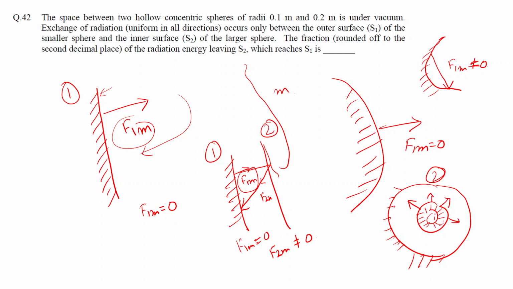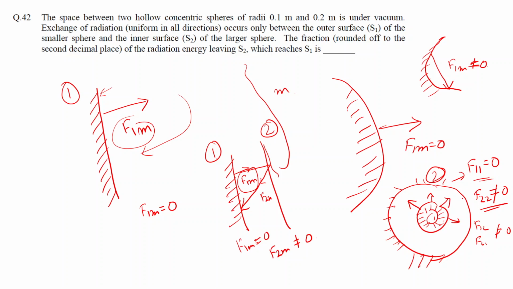It will come back to the first surface only after reflecting from the second surface, and in that case it will get changed to F21. That is why we are treating F11 as equal to 0. Now in this case F22 will not be equal to 0. Similarly, F12, F21 won't be equal to 0. Only F11 will be equal to 0.